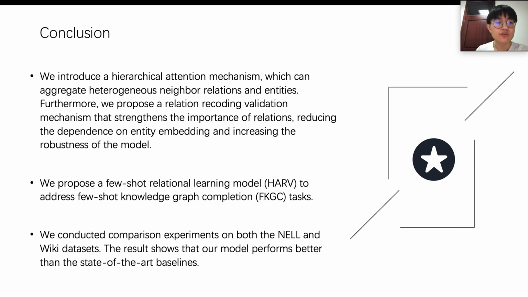We propose a few-shot relational learning model, HARV, to address few-shot knowledge graph completion tasks. And finally, we conducted comparison experiments on both the NELL and the Wiki datasets. And the results show that our model performs better than the state-of-the-art baselines.